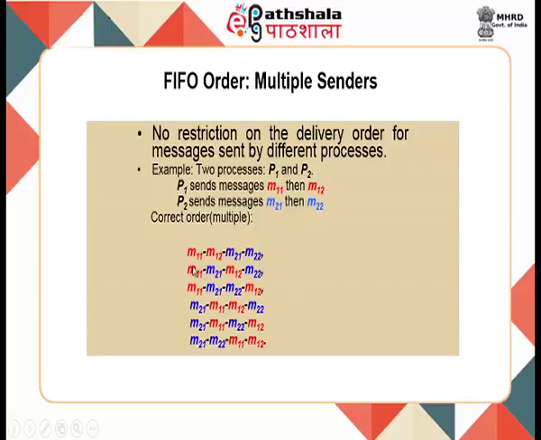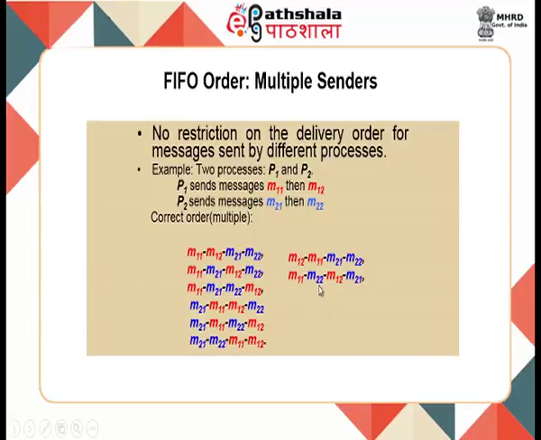So, M11, M12 followed by M21, M22, or M11, M21, M12, M22, or any such order, or M21, M22 and then followed by M11, M12, are absolutely perfectly fine. However, if it is M12 followed by M11, or M22 followed by M21, then it is not a correct order.